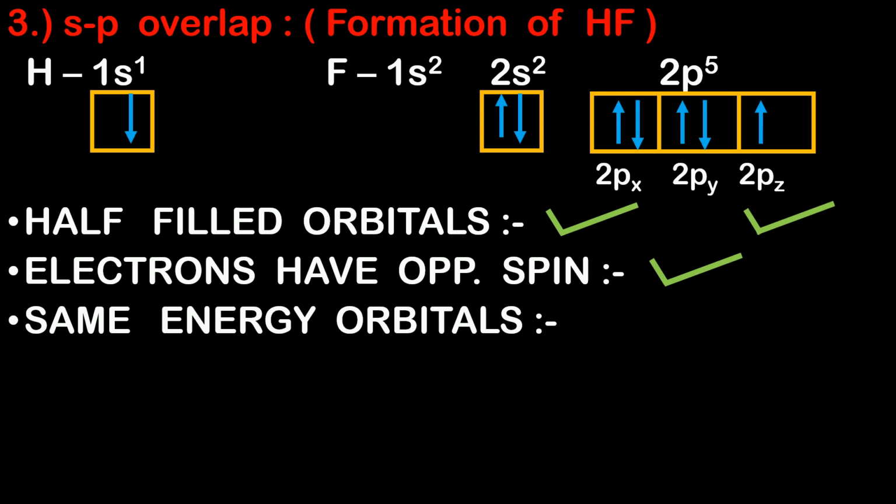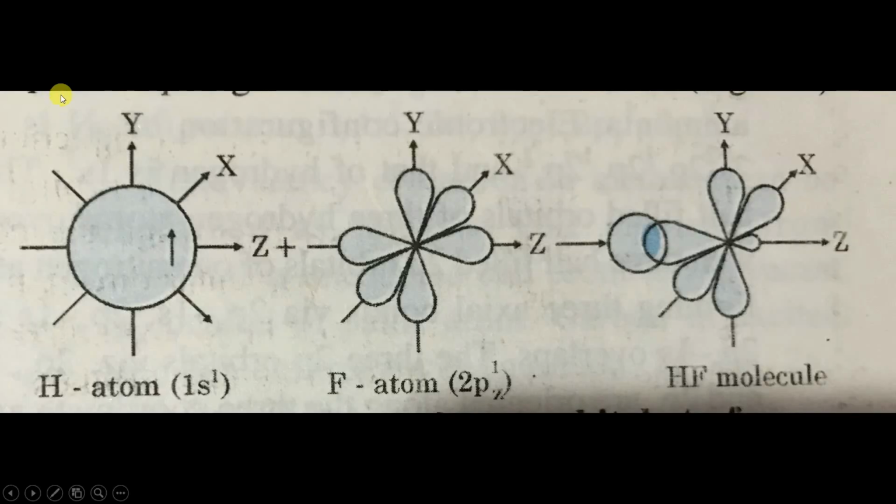So according to the Aufbau principle, if you do not know what is Aufbau principle, the link is given in the description box below. According to the Aufbau principle, 1s and 2p have almost similar energies. There is a little difference in the energy. Okay, so the energy is comparable, and this condition is also satisfied. And guys, this is how the hydrogen atom is going to overlap with the fluorine atom.